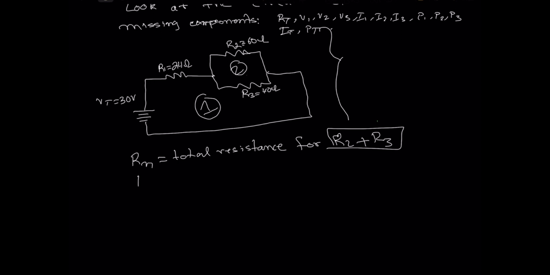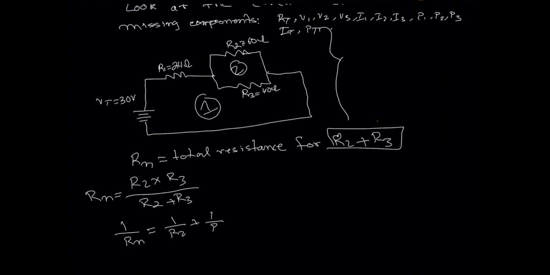We can use product over sum. So that will be R2 times R3 over R2 plus R3. That will be our Rn. Or we can find it this way: 1 over Rn equals 1 over R2 plus 1 over R3. Okay, plug in values, we will find it both ways.